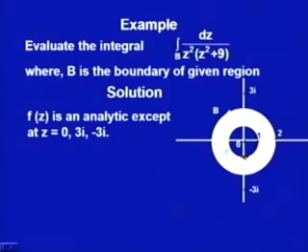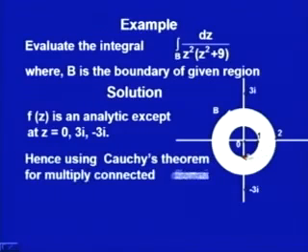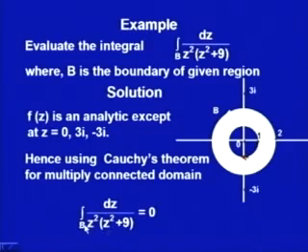So, my given function f(z) is analytic in a doubly connected domain. Cauchy theorem for multiply connected domain says that along the boundary of this doubly connected domain the integral must be 0. Hence, this integral along this boundary should be 0.